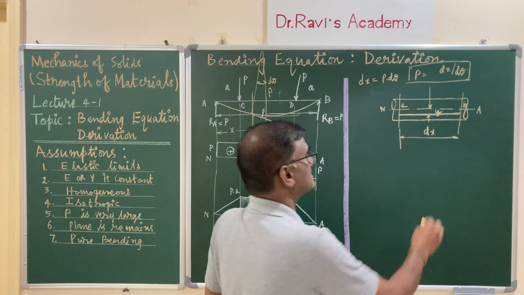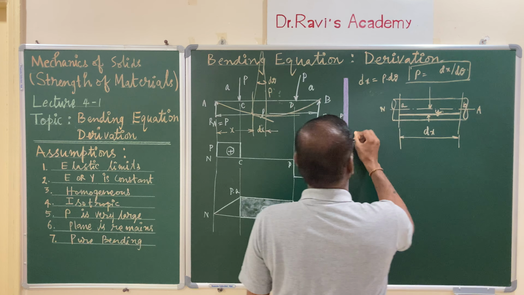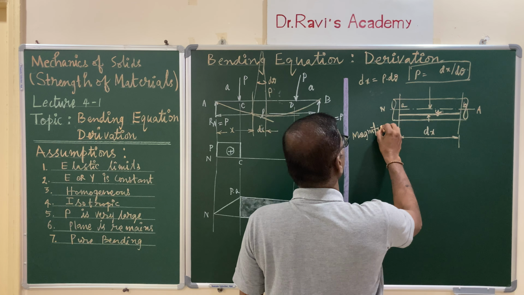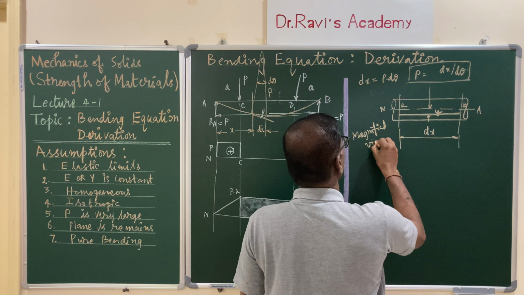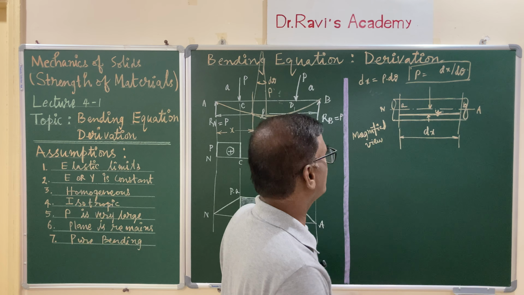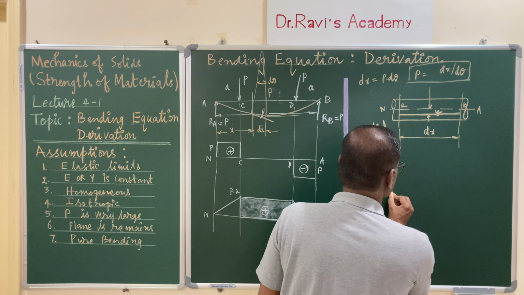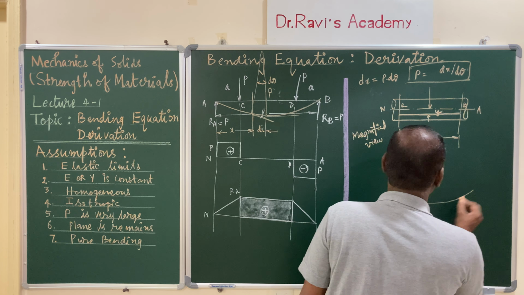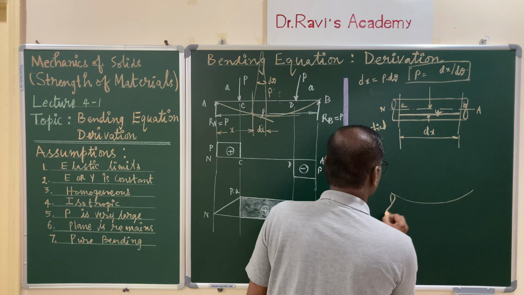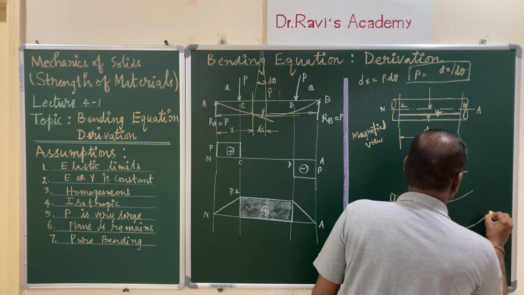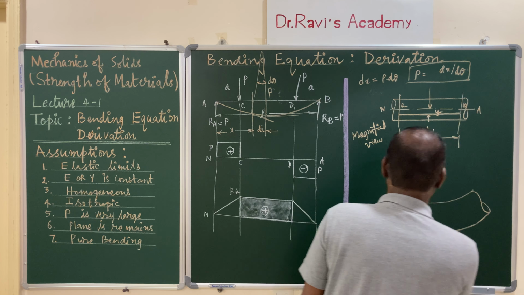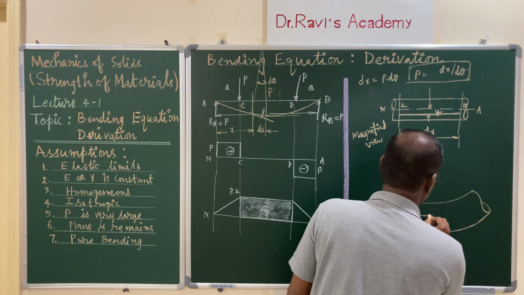This is your magnified view. Now, once it is loaded, what happens? You can see that it is bending like this, with a constant radius of curvature, and somewhere you have the neutral axis.